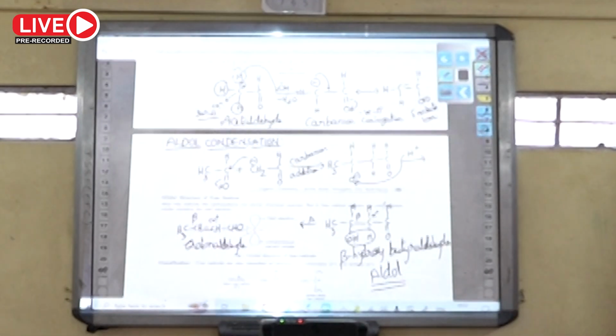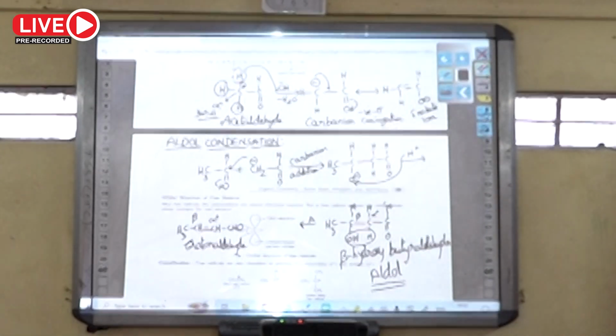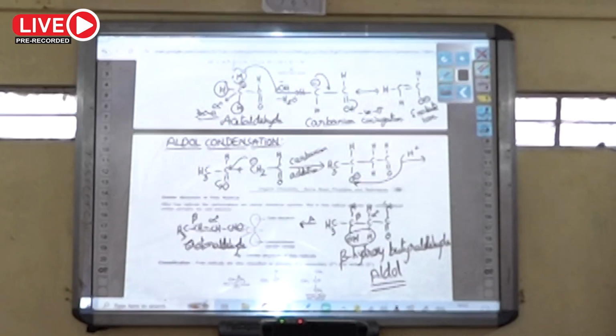Condensation essentially involves the formation of a new carbon-carbon bond.